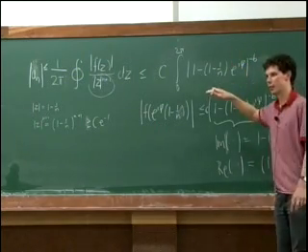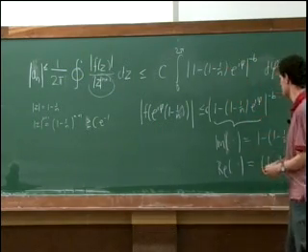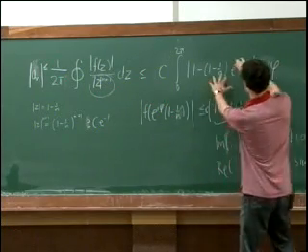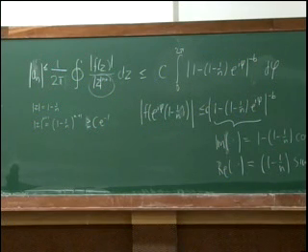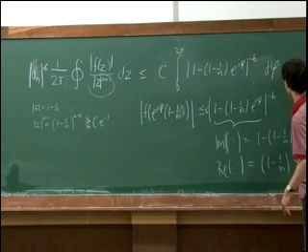This is evaluating the function on the contour using the hypothesis. So this is the same as we have here, and then we can estimate the real and imaginary parts and get an estimate.